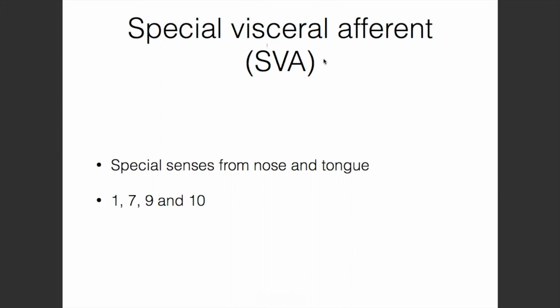Special visceral afferent هتكون it's the same idea except لأنه هو visceral ما somatic هيكون عندنا nose والmouth. So it's any special sense from a nose and the mouth. Tongue.